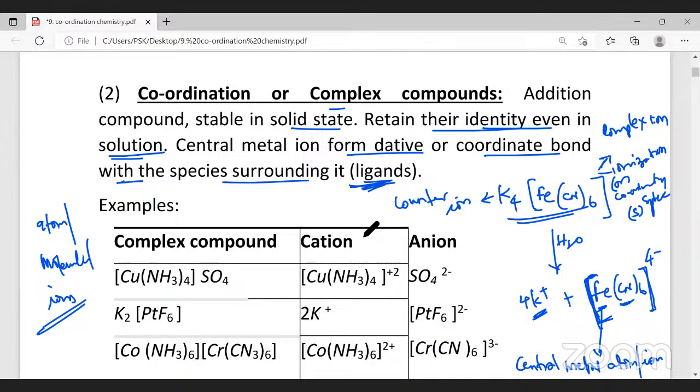Did you understand the definition of a coordination compound? Students, we will learn with more examples. Did you follow what I was talking about?